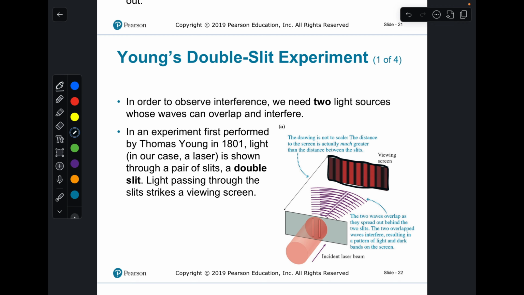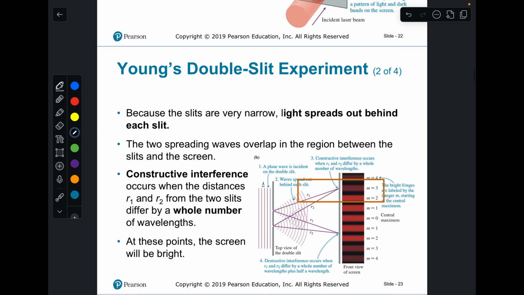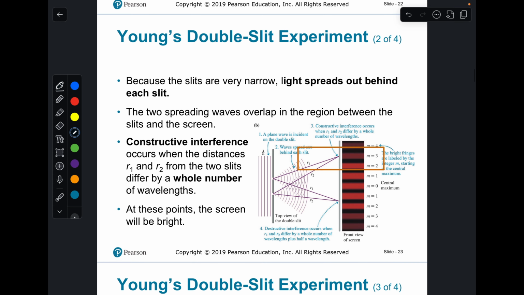And what you notice in the experiment is you're going to have regions of bright light and regions of no light.